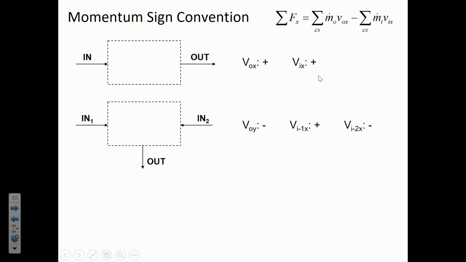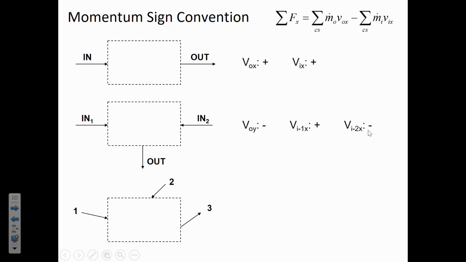Okay, so now what about this one, where we have stream 1? You can see that the velocity out, in the y direction, since it's down, is negative. Velocity in at 1 is to the right, so it's positive. Velocity in at 2 is to the left, so it's negative.